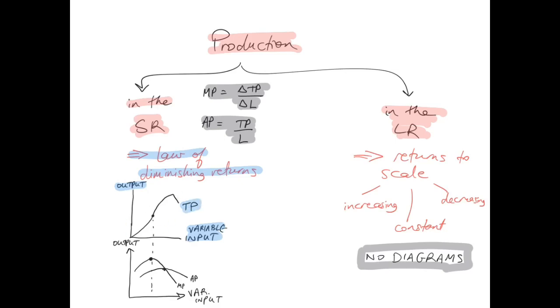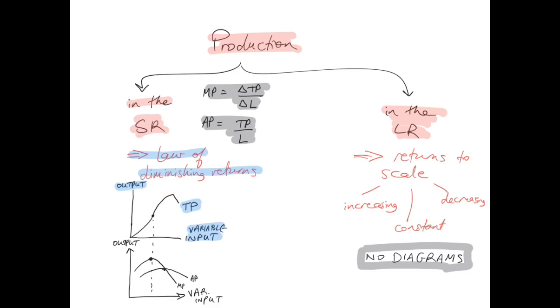At first, it increases at an increasing rate, and then starts to increase at a decreasing rate and eventually begins to decline. There might be a range of input where it's constant before it begins to decline, but that's the general shape.